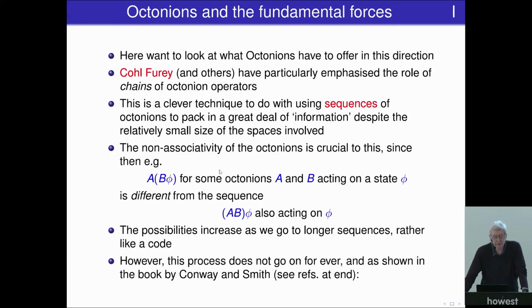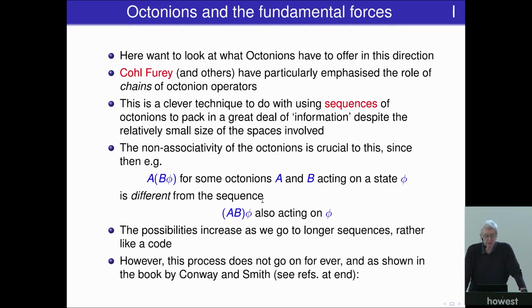And here, the non-associativity of the Octonions is crucial since, suppose we have a chain with B, so we take phi times B multiplied at the left, and then we use A as the next thing in the chain. That does not have to be the same as AB acting on phi, because of the lack of associativity.